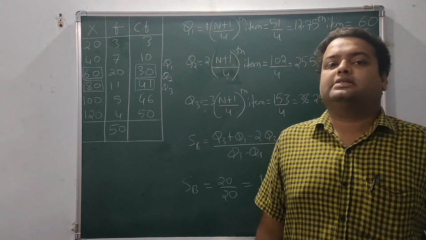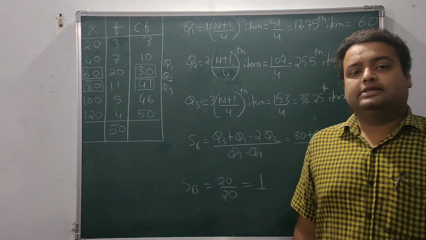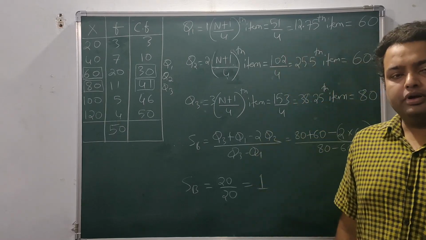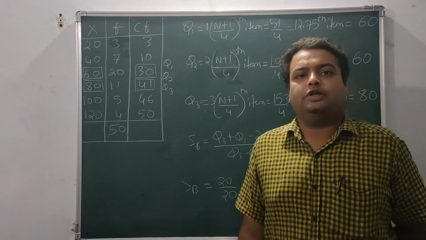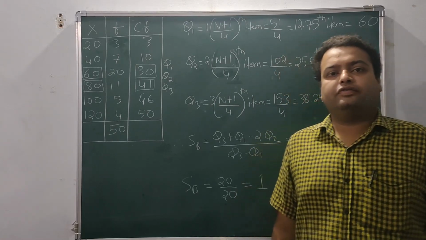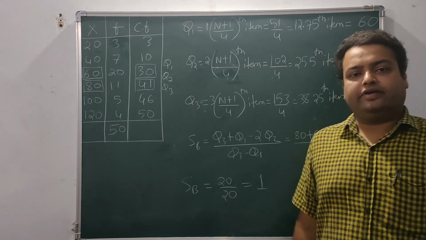Previously we discussed problems on Karl Pearson's coefficient of skewness, which uses mean, mode and standard deviation in case of a unimodal distribution, or mean, median and standard deviation in case of a multimodal distribution, or if the distribution is ill-defined.